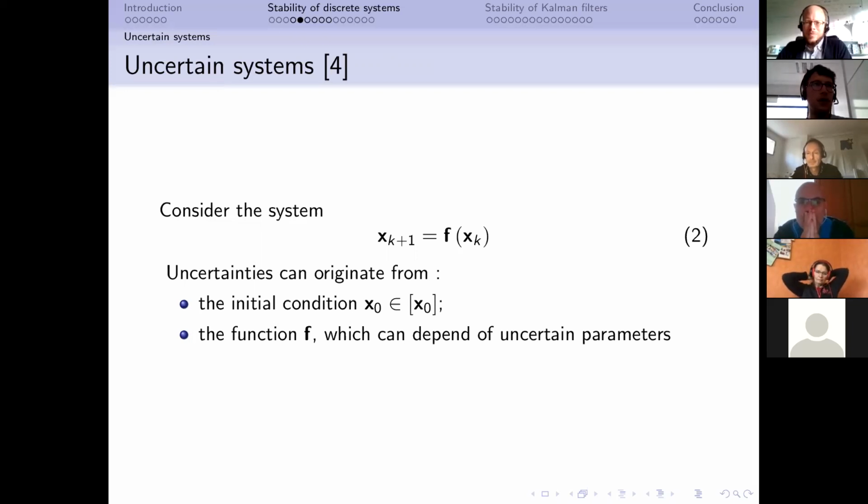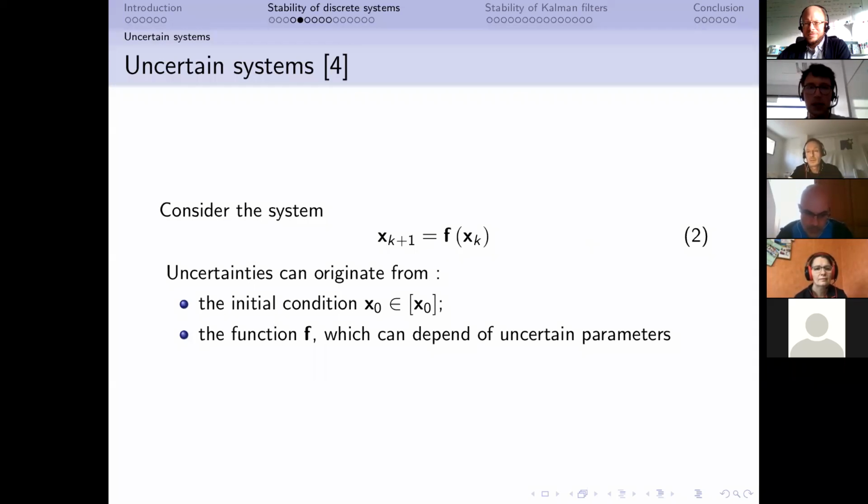Well, there are two different things here. In this slide, I talk very generally about discrete time systems and where the uncertainties come from. In the second part, the part with the Kalman filter, I try to prove that the Kalman filter will converge towards the actual state of the robot.